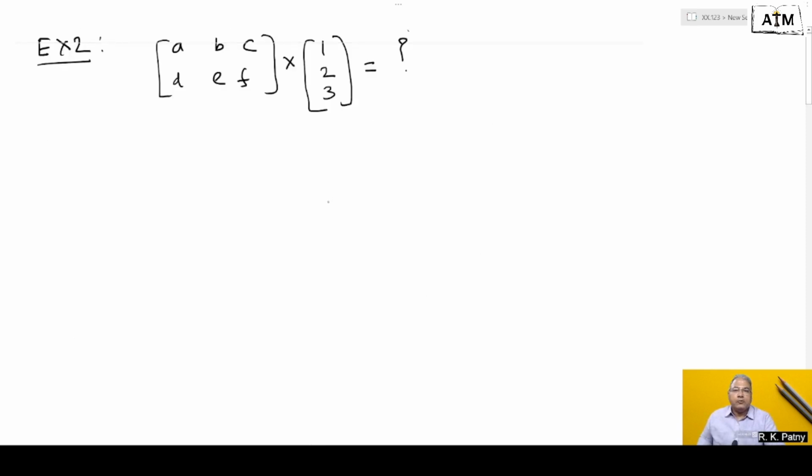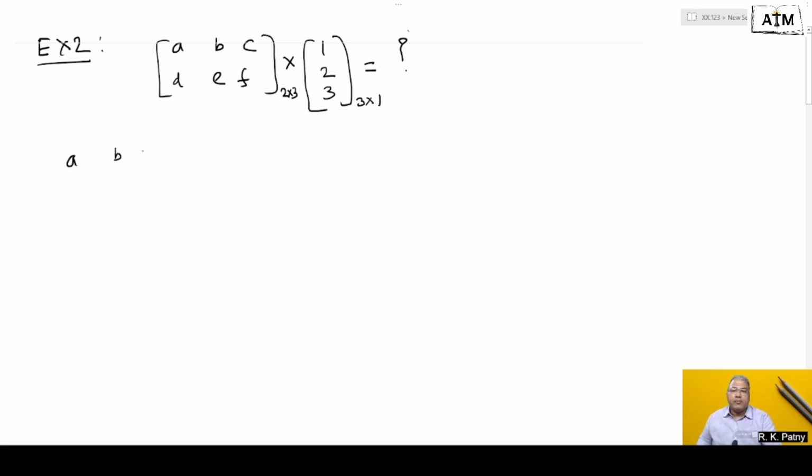Example 2. Here are the two matrices. The left side is 2 rows and 3 columns, 2 by 3, and the second one is 3 rows and 1 column. We need to multiply them.